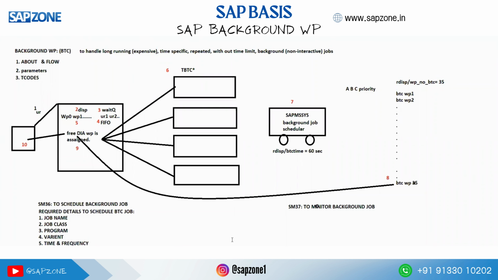Suppose I need to pay every month; I need to keep a reminder and, without missing, pay manually. Manually means with my interaction, I need to do the transaction. Interaction means the Dialog work process. I need to interact with the server.